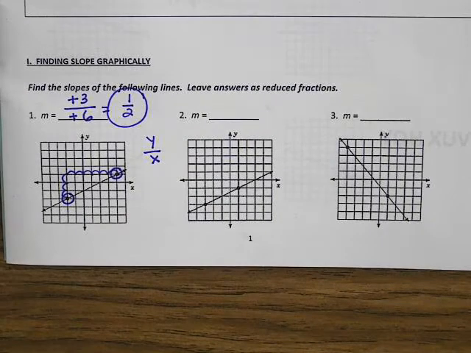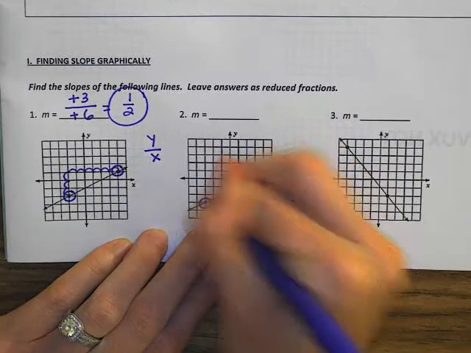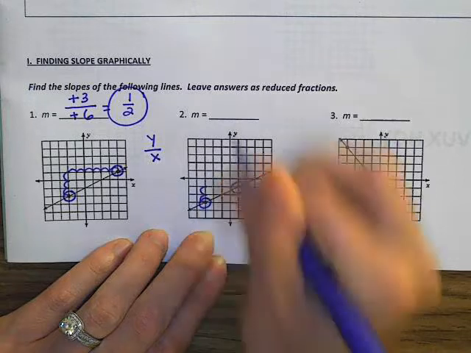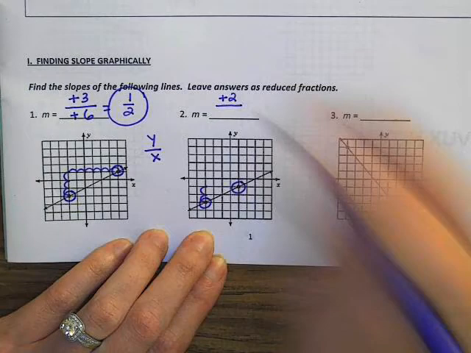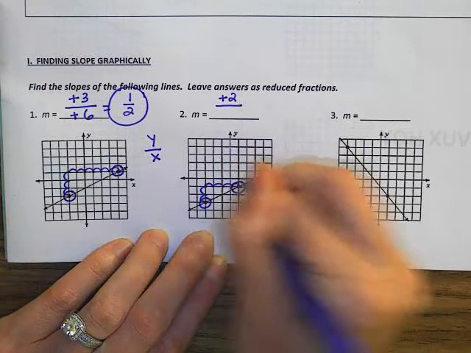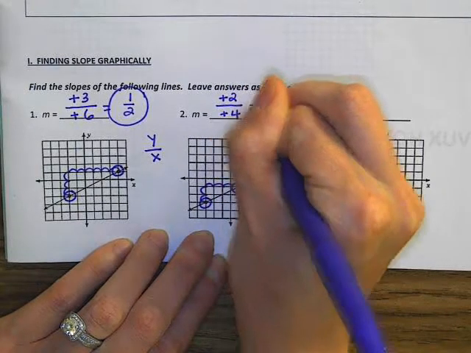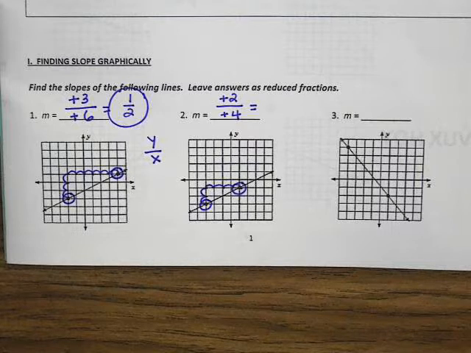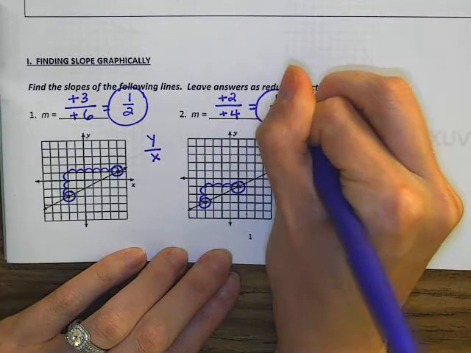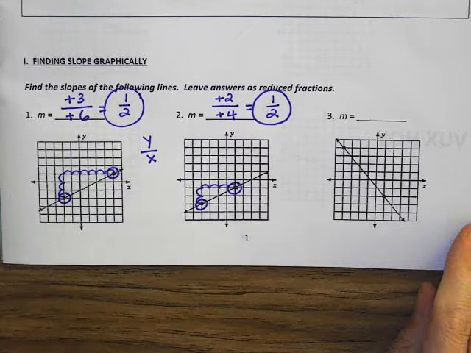So the slope is positive 1/2. All right, let's do number 2. So from the left point to the right point, we're going up 2, and then we're going right 1, 2, 3, 4. And again, if you reduce 2/4, it's also 1/2. Okay, it's not always 1/2. Let's do number 3.